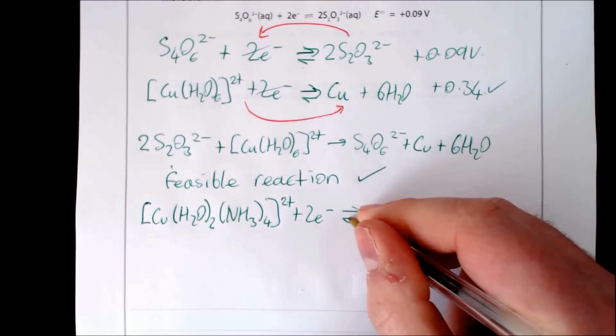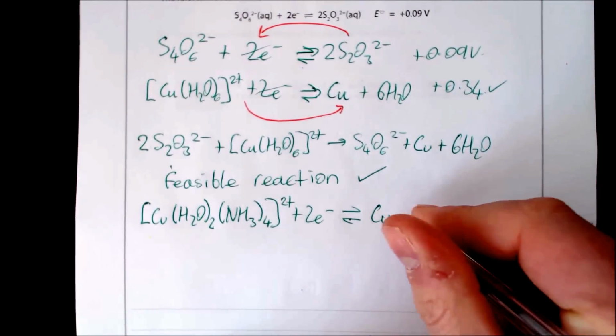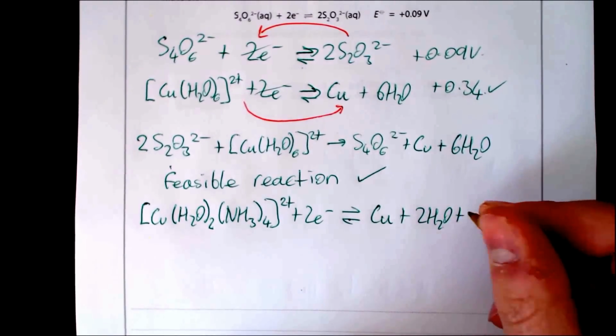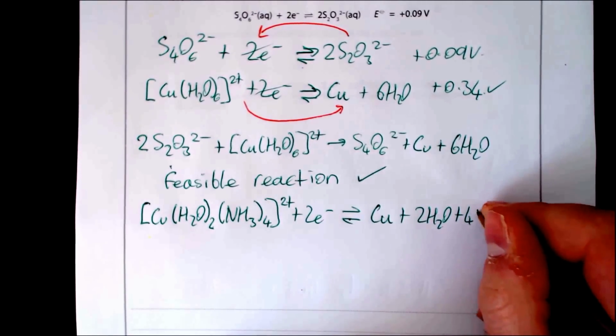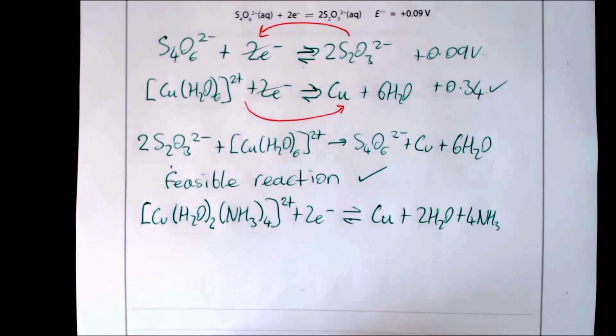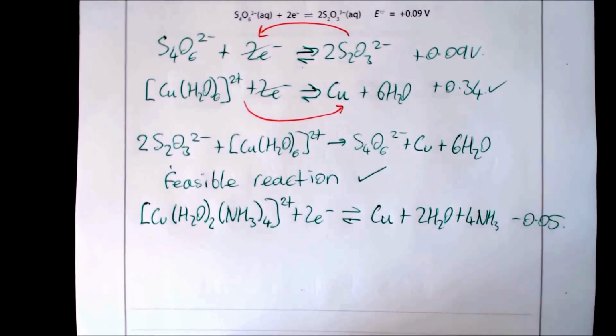This is going to produce your copper plus 2 H2O plus 4 NH3. So effectively, these are just the ligands that were attached to your complex. And we said that one was minus 0.05, so most negative at the top.